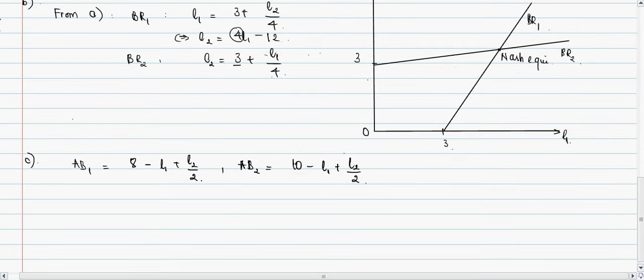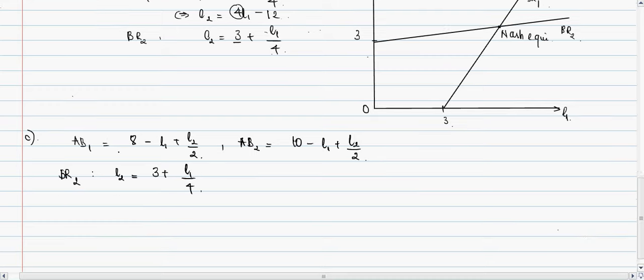Okay, so given there isn't anything changed for person 2, the best response function for person 2 is still the same as what we found before. So the best response function for person 2 is still L2 equal to 3 plus L1 on 4. Now for person 1, the average benefit is now different, so therefore the best response function will be different as well.